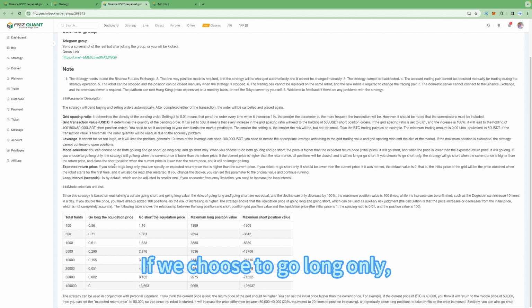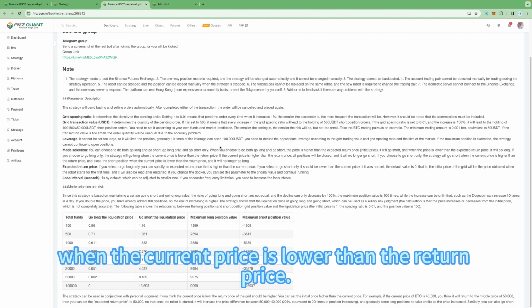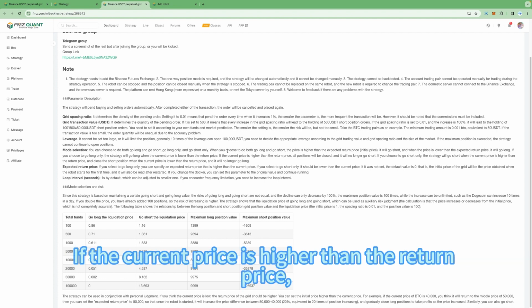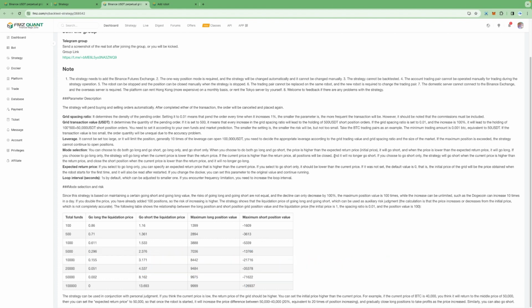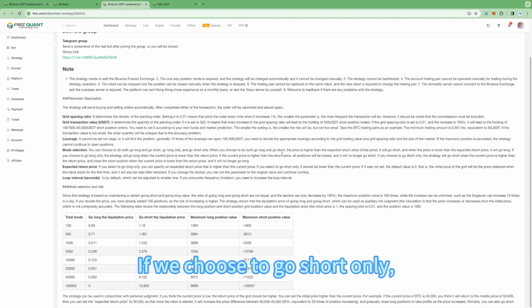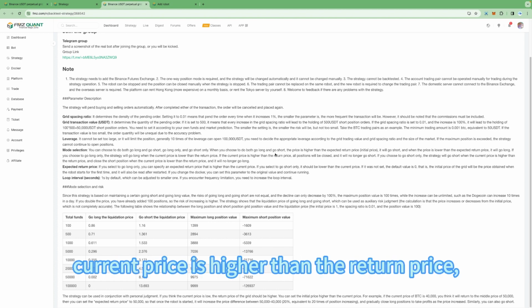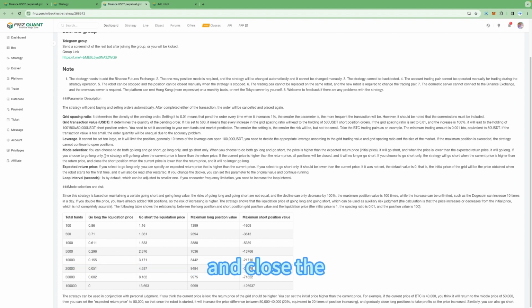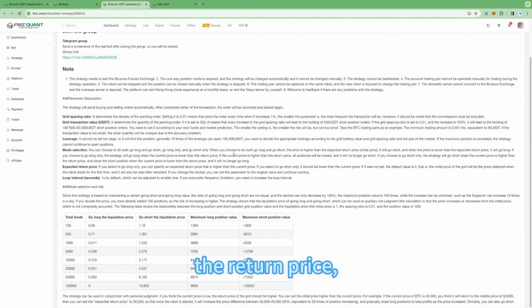If we choose to go long only, the strategy will go long when the current price is lower than the return price. If the current price is higher than the return price, all the positions will be closed, and it will no longer go short. If we choose to go short only, the strategy will go short when the current price is higher than the return price, and close the short position when the current price is lower than the return price, and it will no longer go long.